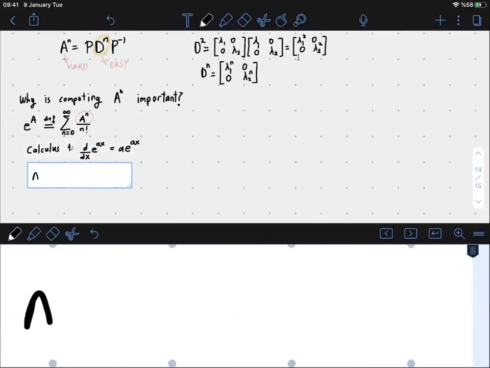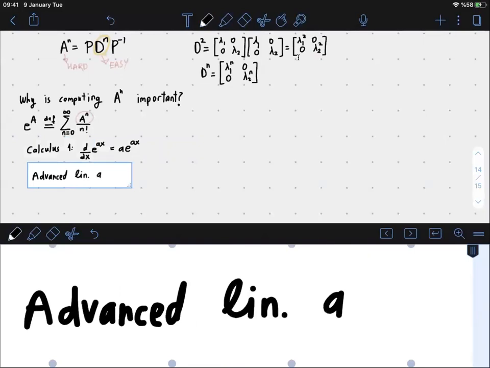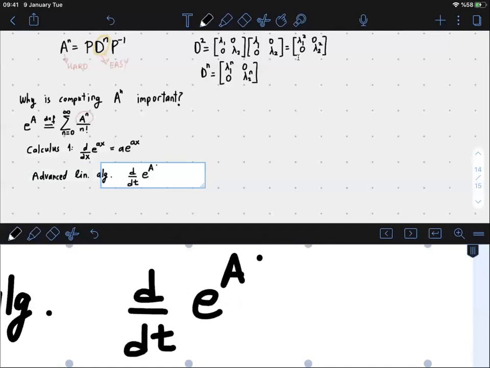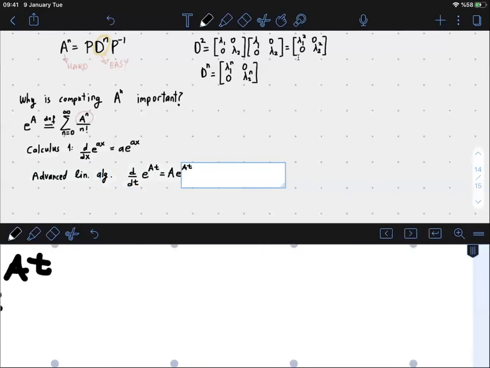Now advanced linear algebra says that d/dt of e to the power a times t, where a is a matrix, is still a times e to the power at. So what does this mean?